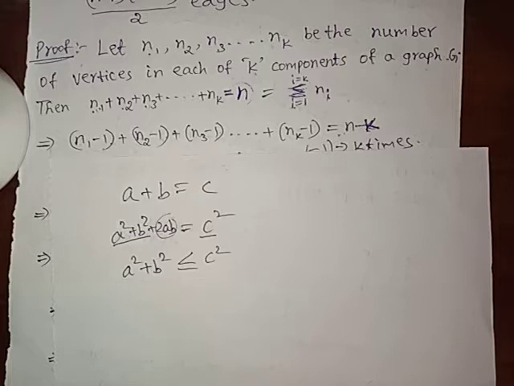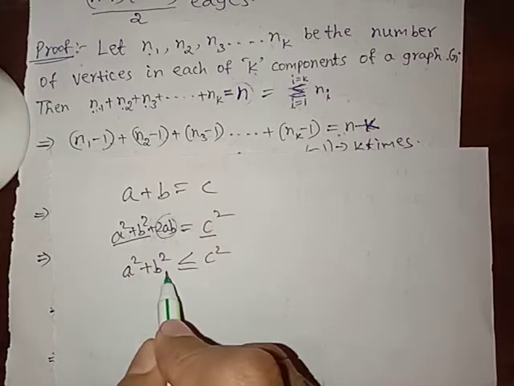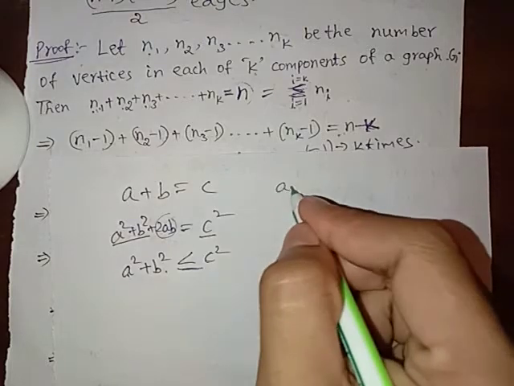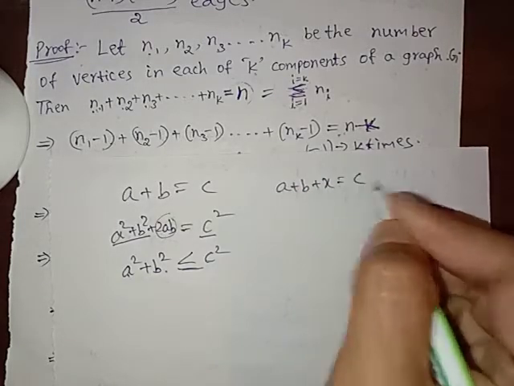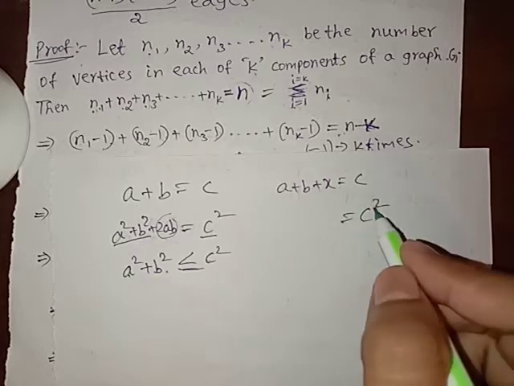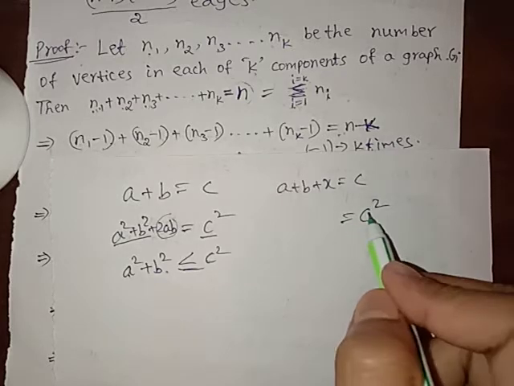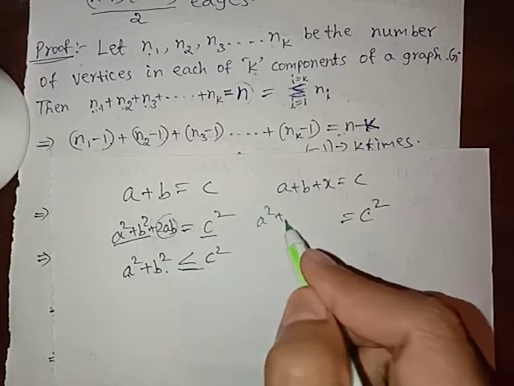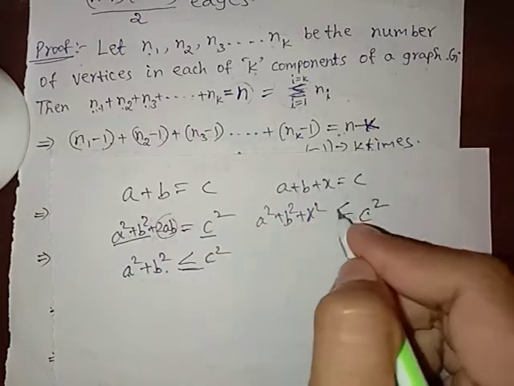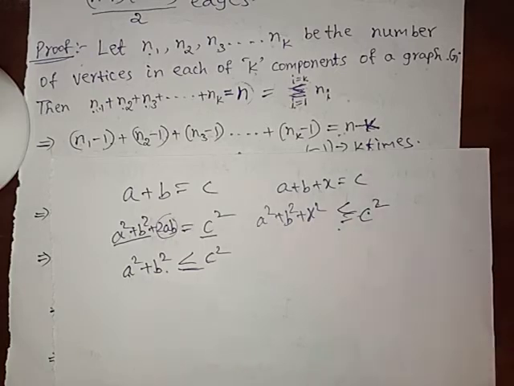If we discard this, we get a square plus b square less than or equal to c square. Similarly, if we have a plus b plus x is equal to c, then a square plus b square plus x square is less than or equal to c square.